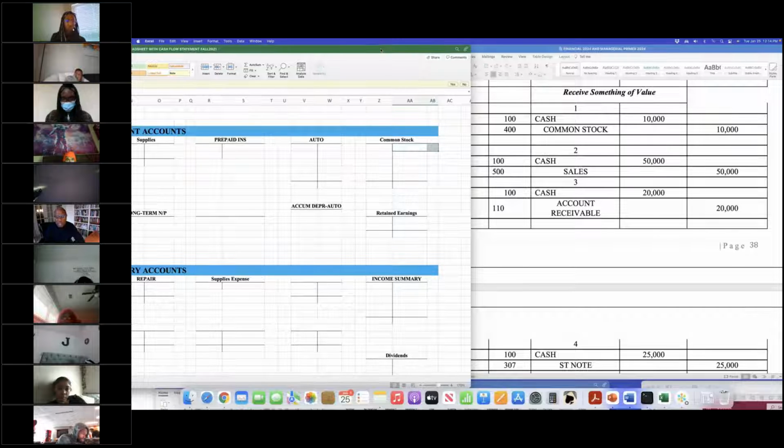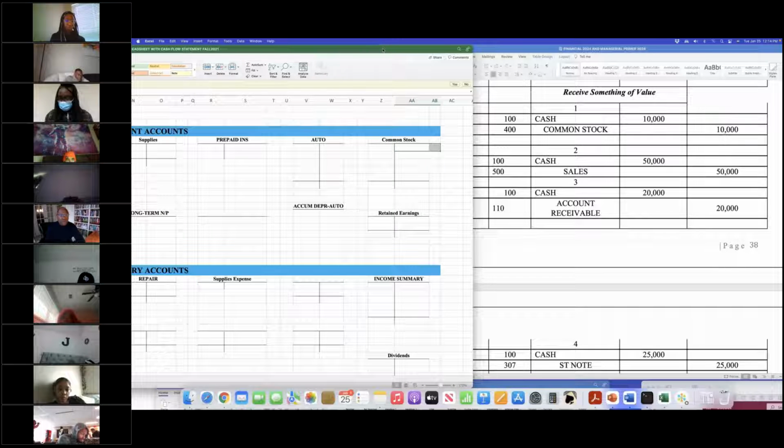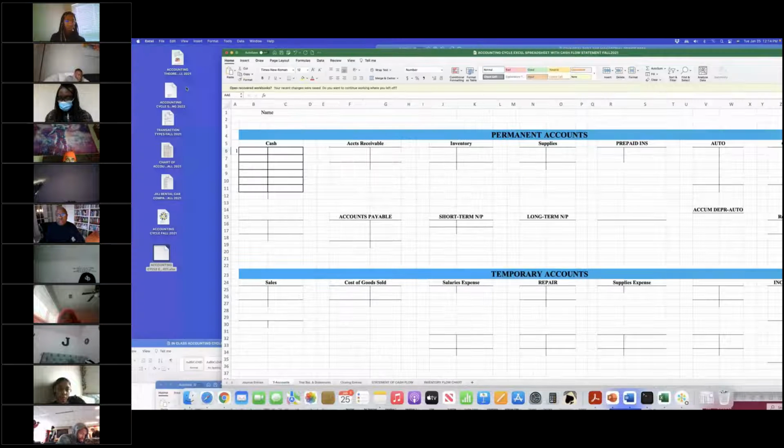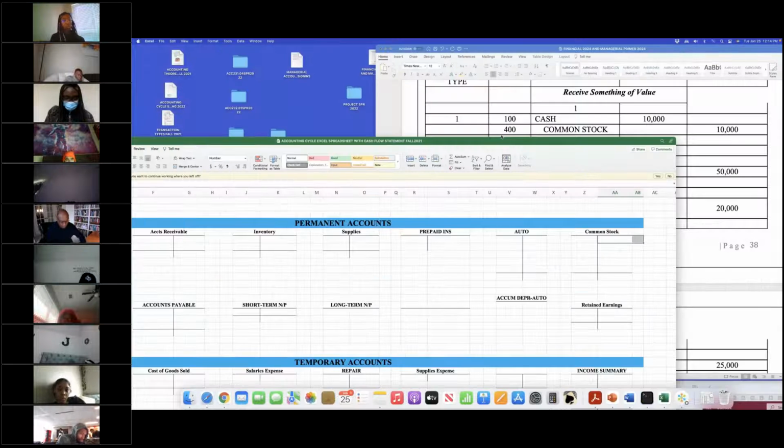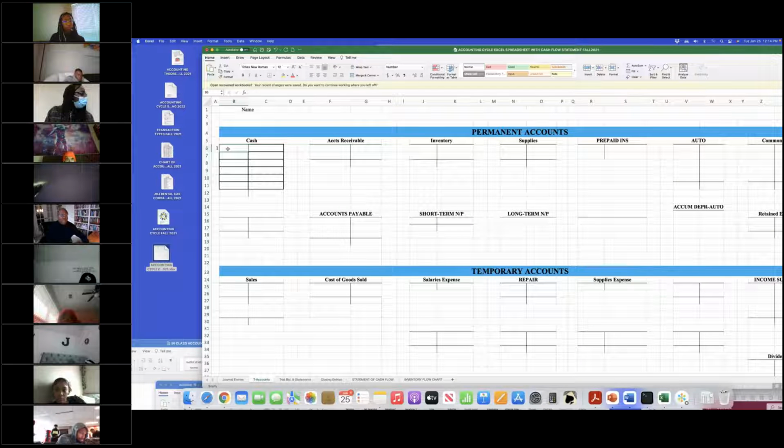If it's a credit, it goes in as a credit. So on transaction 1, we put a debit here for cash, $10,000. Then we put the credit in common stock for 10,000.